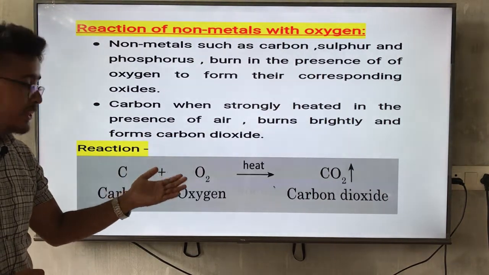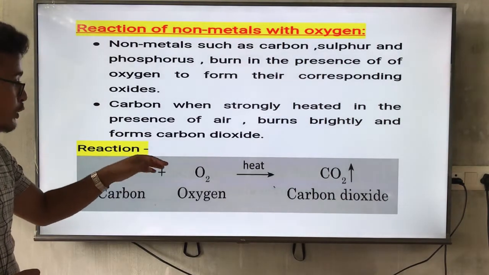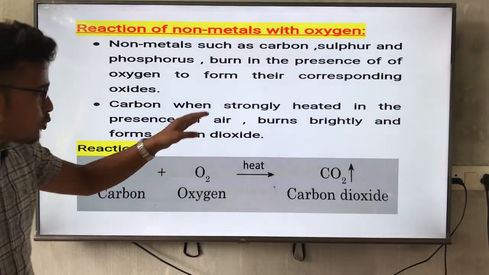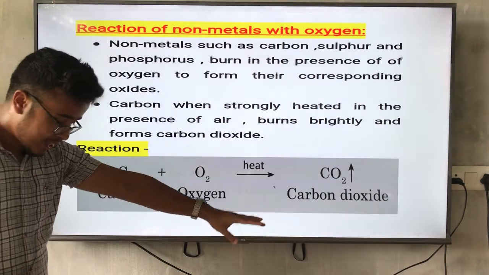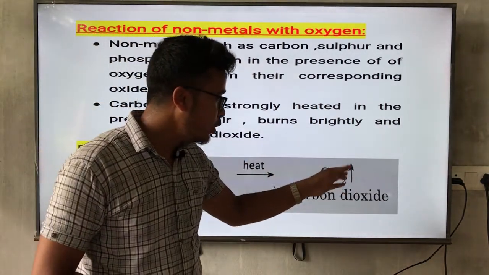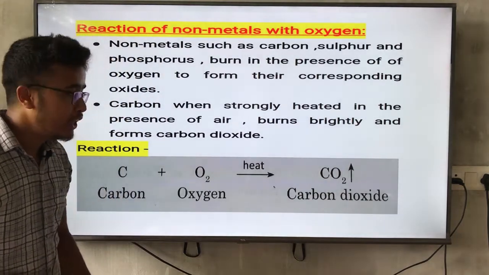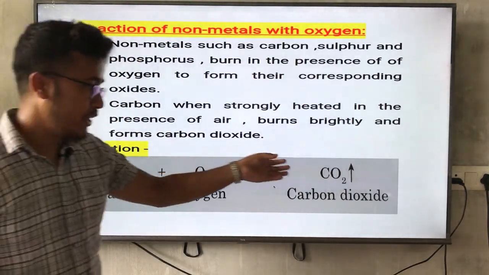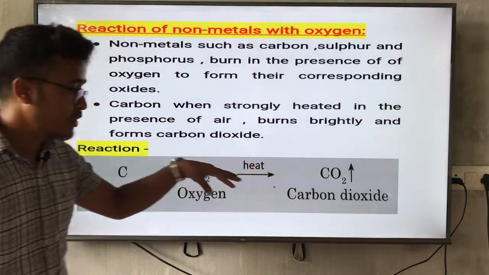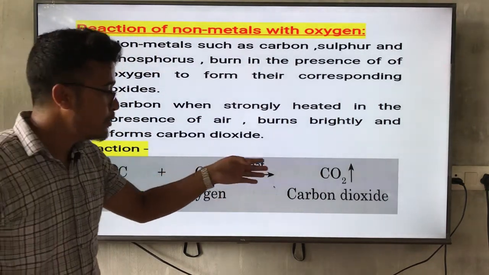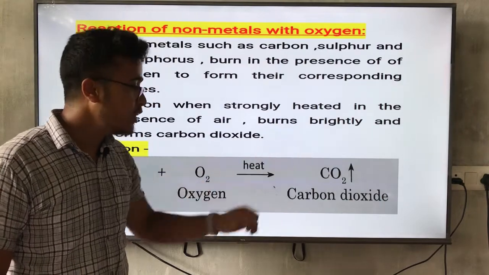Another gas is also present, but we will take oxygen here. It will burn brightly and form carbon dioxide. Now this arrow means the product, carbon dioxide, is evolved as a gas.